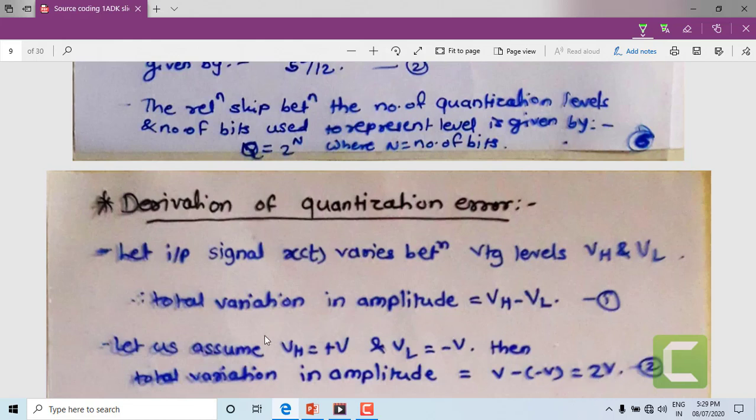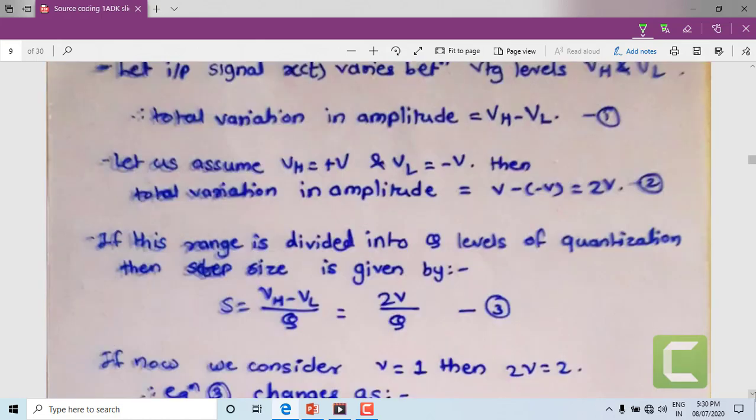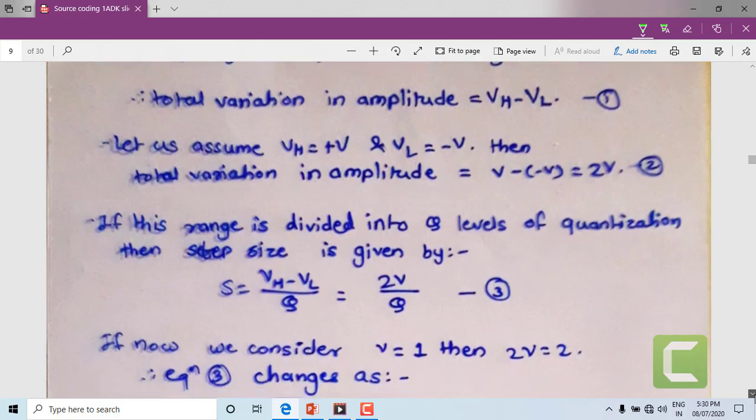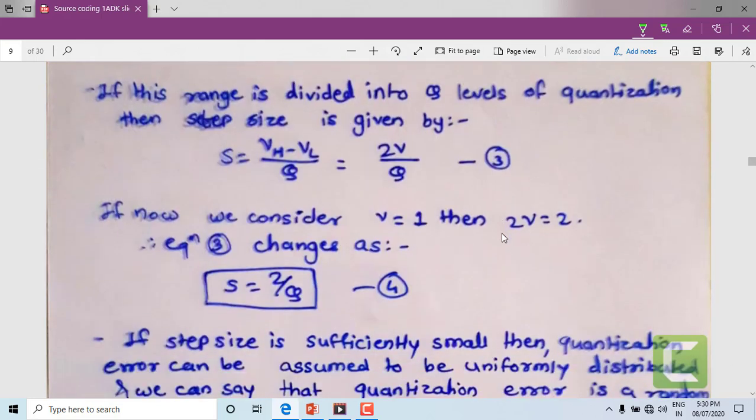Now if we divide this whole variation of the signal into Q number of quantization levels, then we can find the step size as S is equal to 2V divided by Q. Let's say V is equal to 1. So this 2V will reduce to 2, and S will become equal to 2 divided by Q.